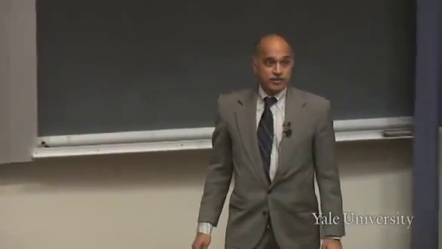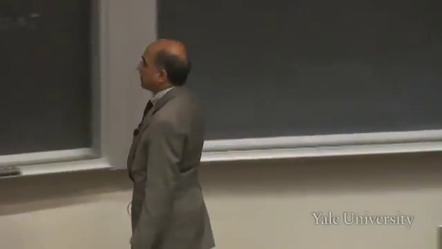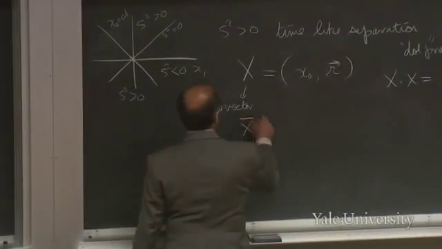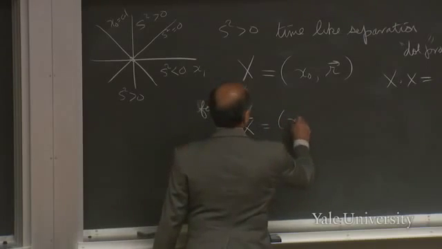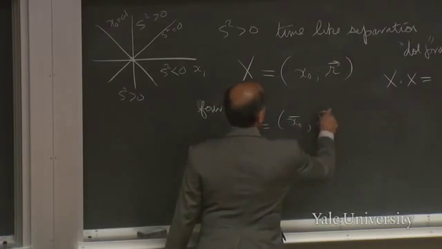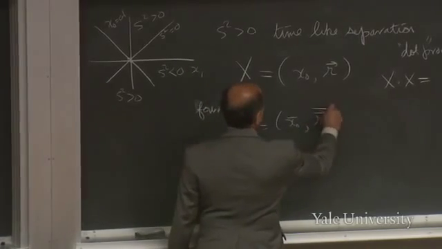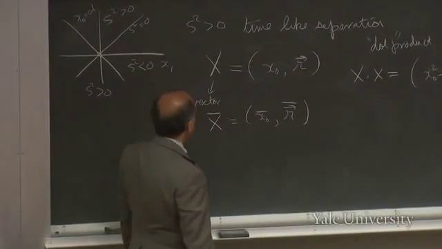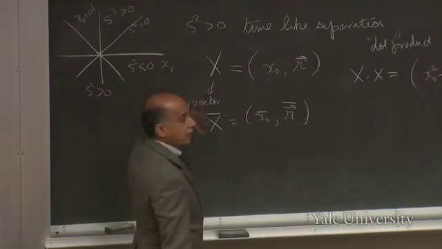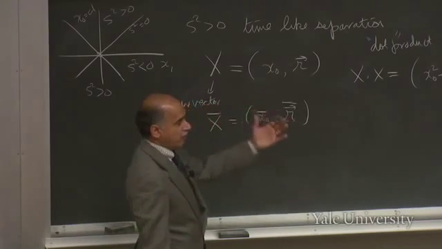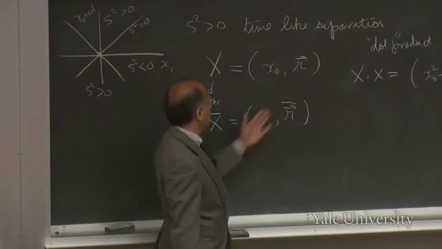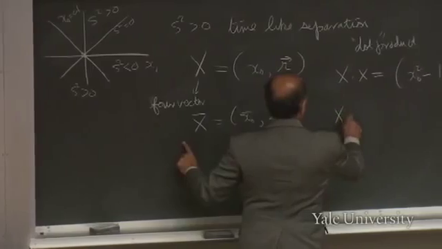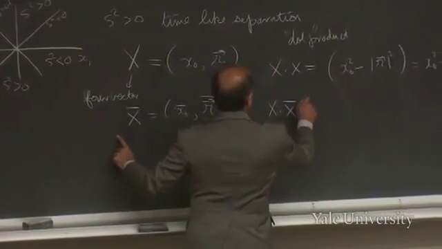Suppose there are two events. One occurs at the space-time coordinate x. A second event occurs at a new point, let me call it x bar, whose time coordinate is x0 bar, and whose position coordinate is this unfortunate vector r with a bar on it. These are like two vectors in the xy plane. You and I, if we're going relative to each other, will not agree on the components of this or the components of that. But we will agree on x dot x bar.